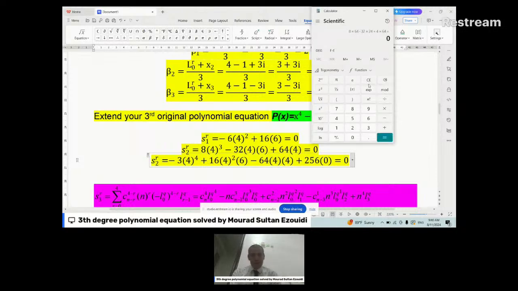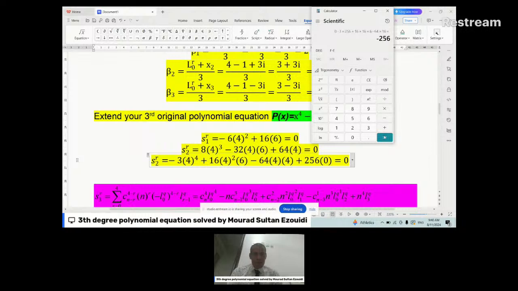On my calculator, it will be negative 3 times 6 raised to the power 4, which is 256, plus 16 times 16, because 4 squared, times 6, minus 64 times 4 times 4, that is times 16.